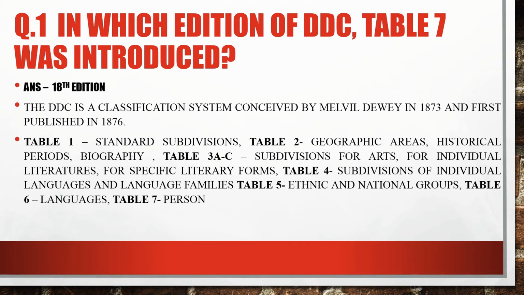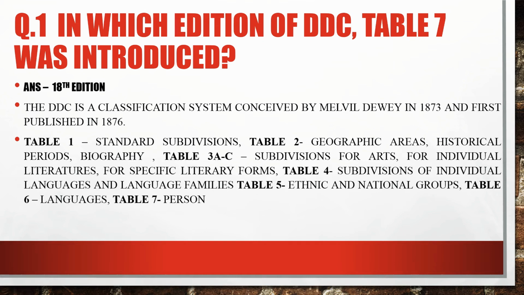Now Table 4 is for subdivision of individual languages and language families. Table 5 is for ethnic and national groups, and Table 6 is for languages, and last but not the least, Table 7. Table 7 is for persons. But students, did you know that Table 7 has been removed from DDC?